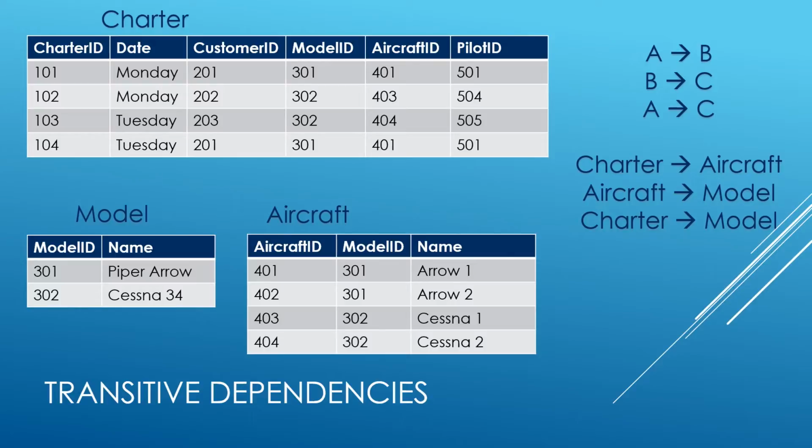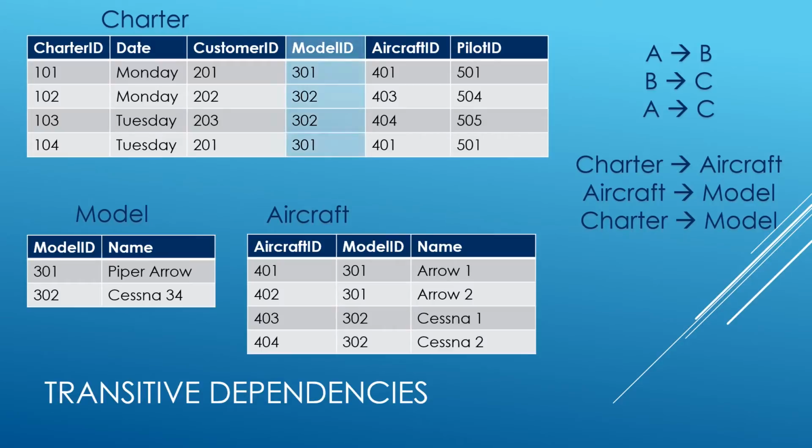So an aircraft has one and only one model, but a model can have many aircraft. So if you look at our table, we see charter defines aircraft, but each aircraft is of only one model. Therefore, we have charter defines model, which is a transitive dependency.